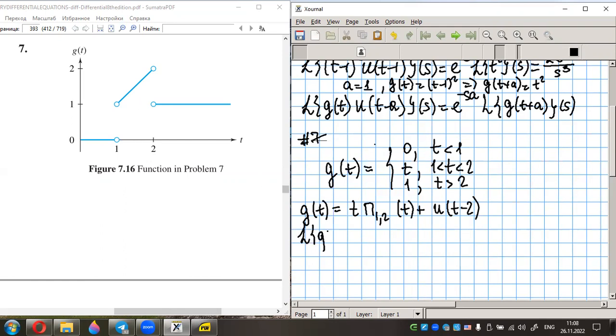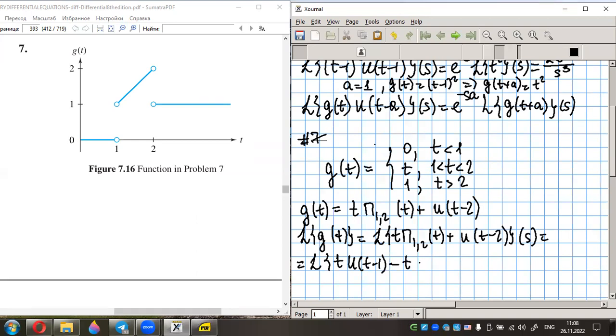So the Laplace of g(t), which is t times the window function on [1,2] plus u(t minus 2), at s equals t times u(t minus 1) minus t.